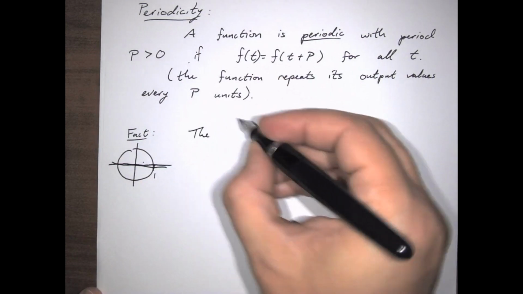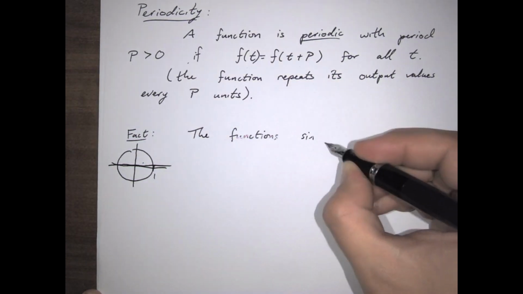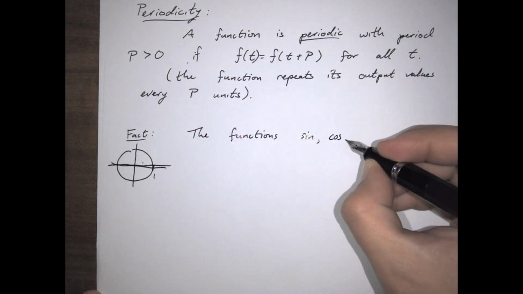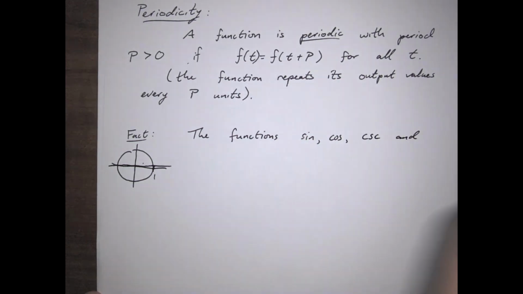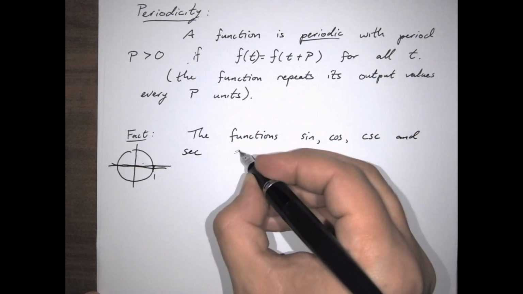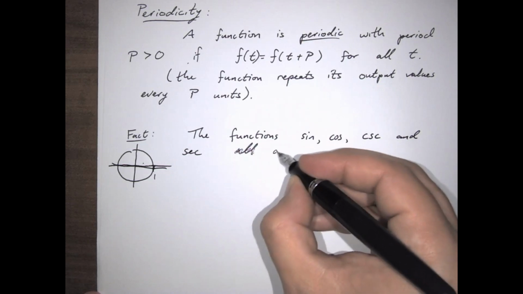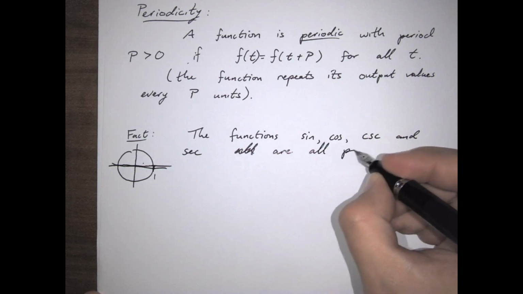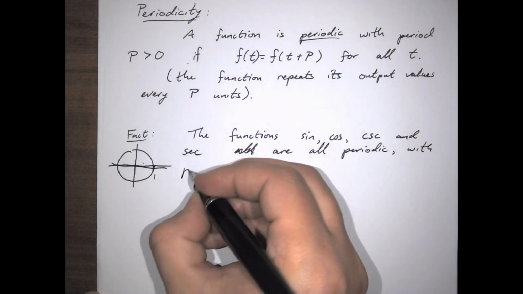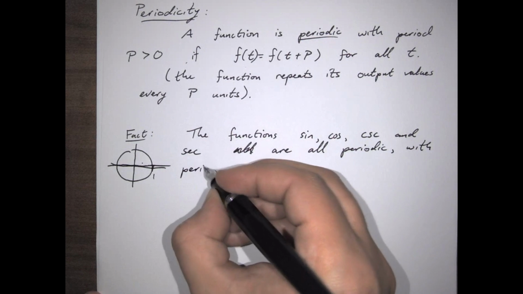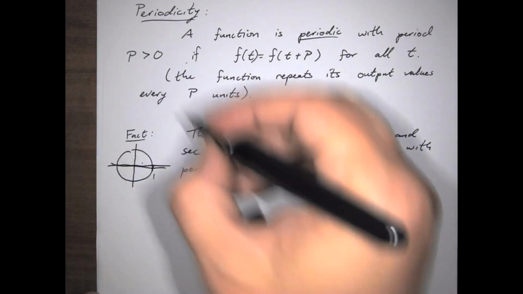So the functions sine, cosine, and then also their reciprocals, cosecant and secant, are all periodic with period 2 pi. In other words, one full rotation.